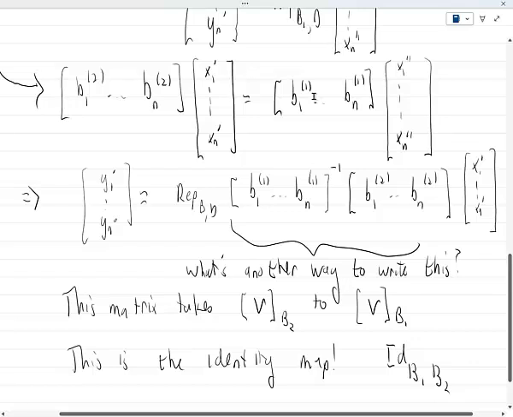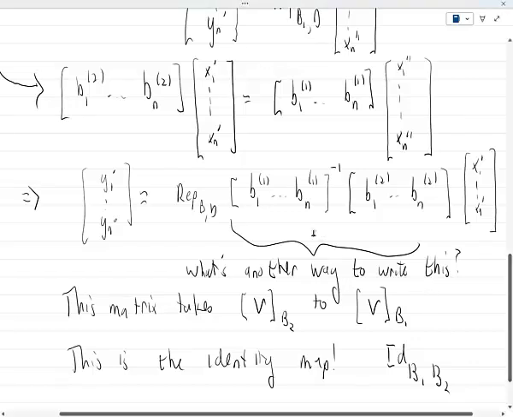So it's taking the representation of the vector in the B2 basis to the representation of the vector in the B1 basis. Since it's the same vector, that's simply the identity map. And I'm taking the representation of the identity map from basis B1 to basis B2. So this matrix here is simply the representation of the identity with respect to the bases B1 and B2. So you can write it that way.